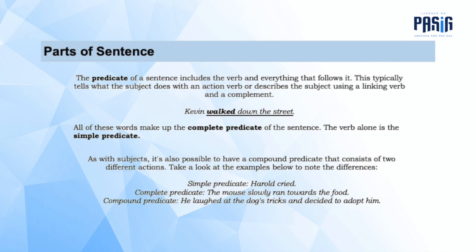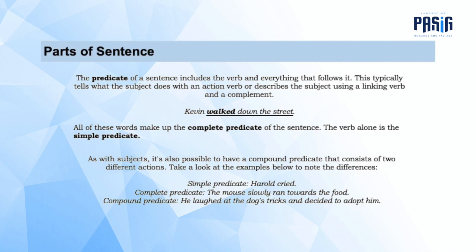The predicate of a sentence includes the verb and everything that follows it. This typically tells what the subject does with an action verb or describes the subject using a linking verb and a complement. Let's return to the first example sentence.